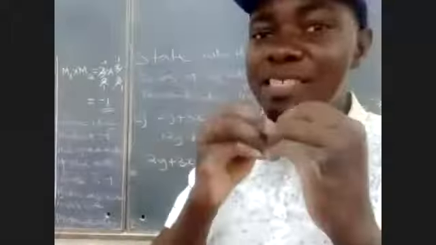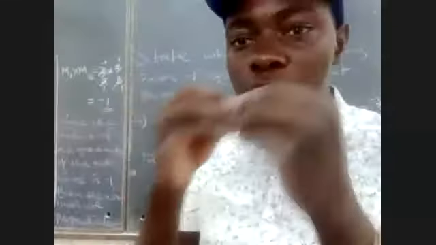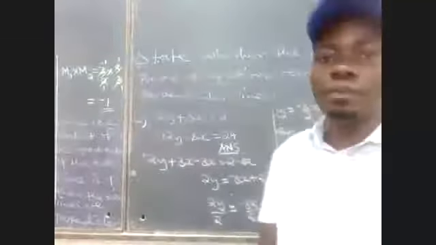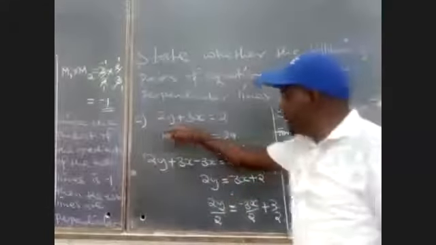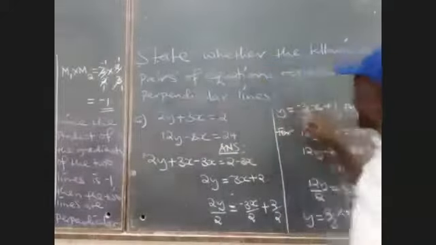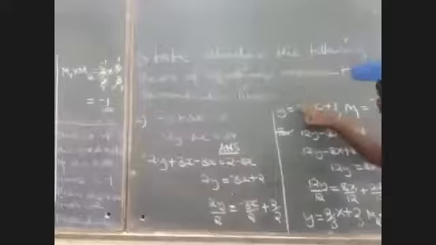There are lines that have different gradients, but they are not perpendicular because the product of those gradients is not -1. So the steps are very clear. Get the gradient of this line by writing it in the form y is equal to mx plus c. After putting it in that form, you can put the gradient as -3 out of 2.